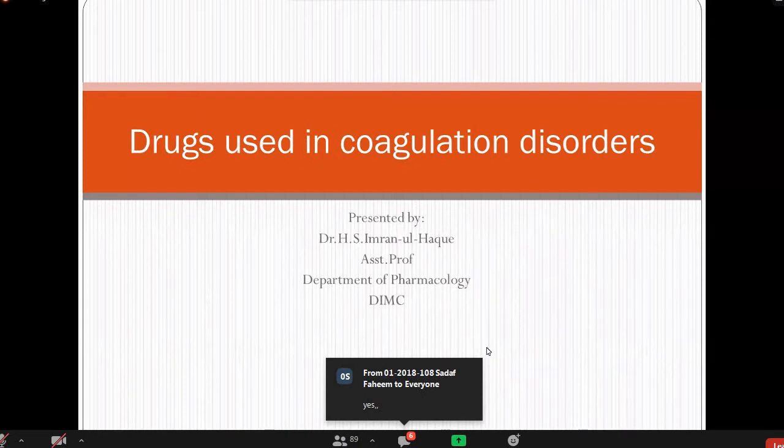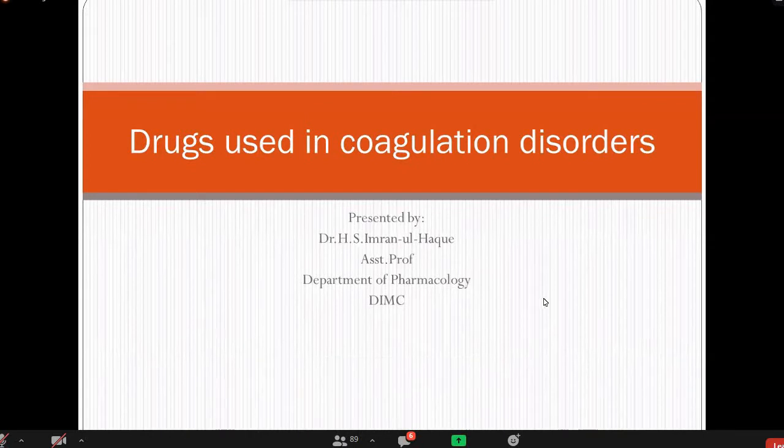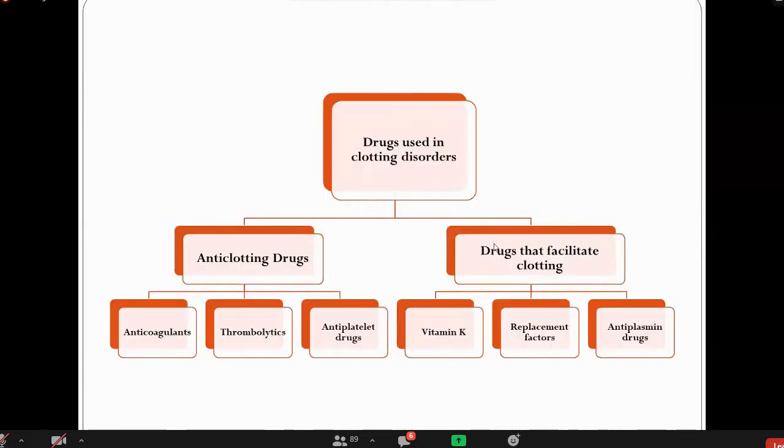In coagulation disorder, anti-clotting drugs include anticoagulants, thrombolytics, and antiplatelet drugs. So these are the three major groups, right? As the name indicates, these are the drugs responsible for preventing the process of clotting.